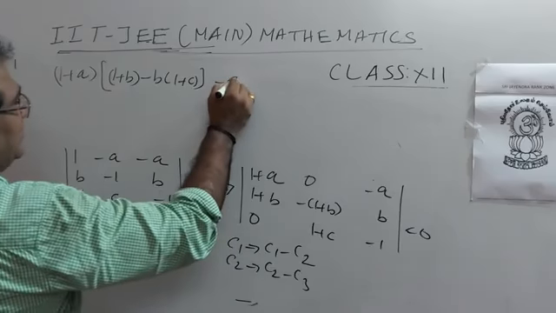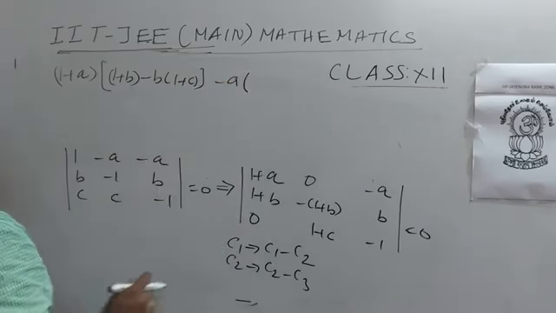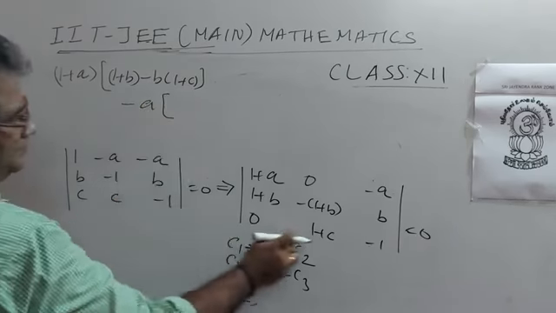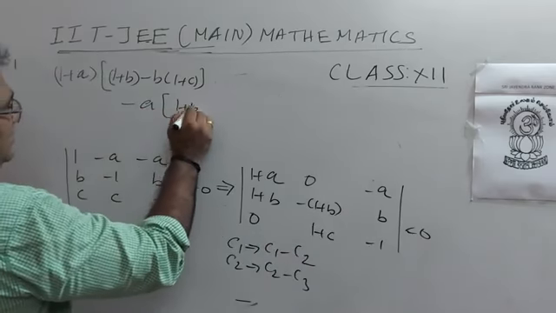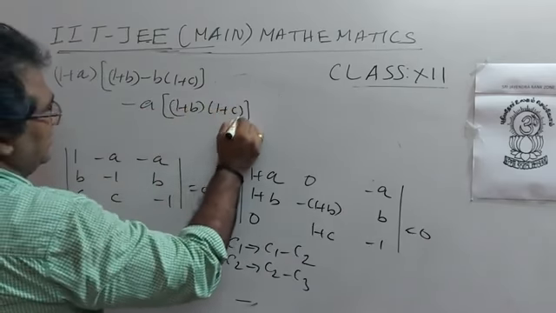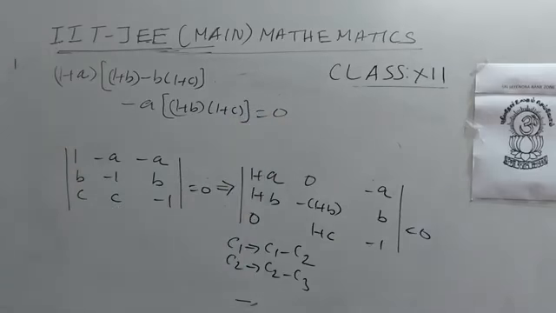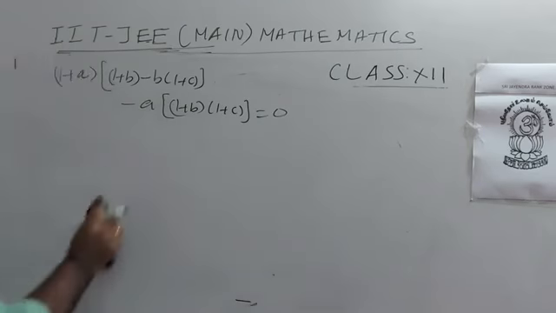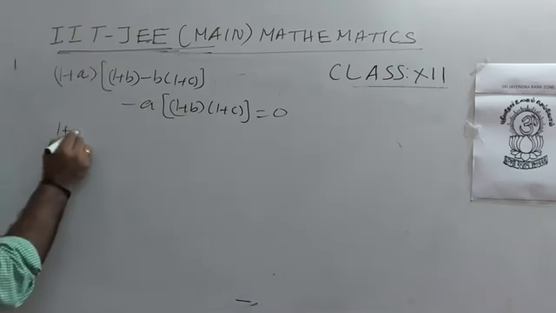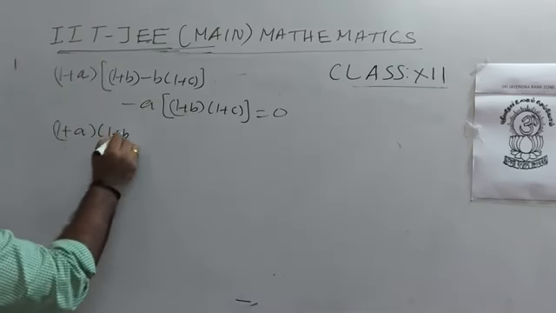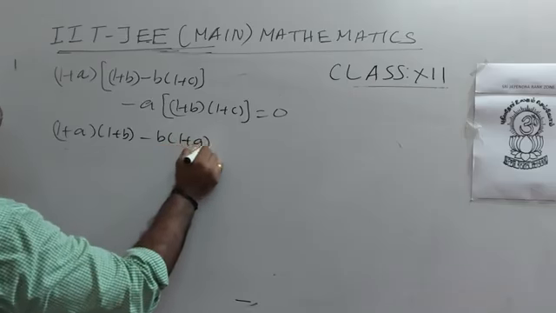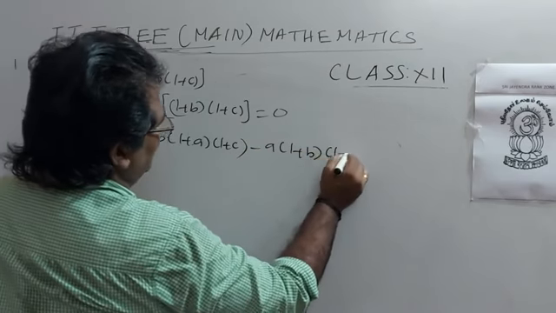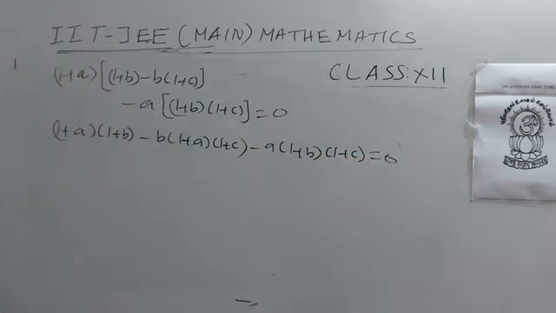Then you take minus a into minus a into 1 plus b into 1 plus c equal to 0. So 1 plus a into 1 plus b minus b into 1 plus a into 1 plus c minus a into 1 plus b into 1 plus c equal to 0.